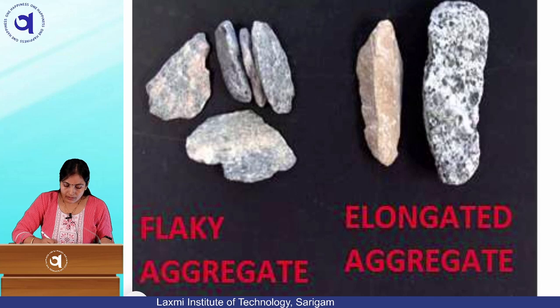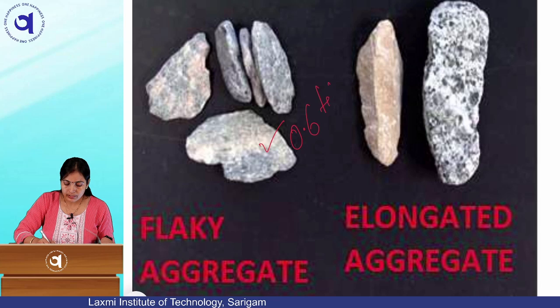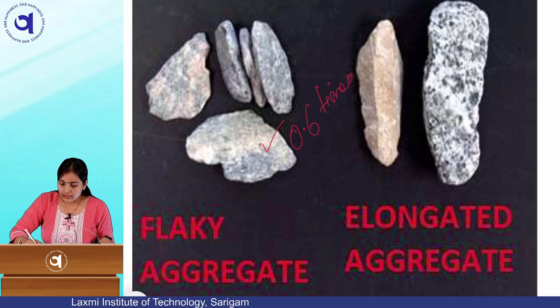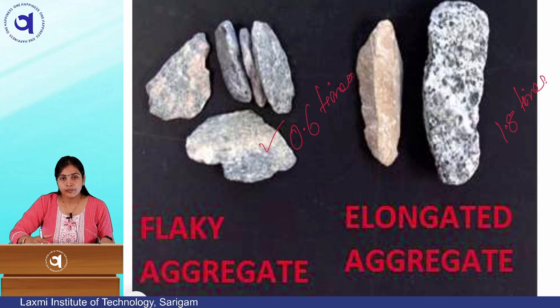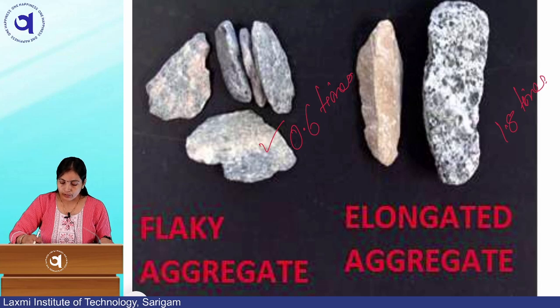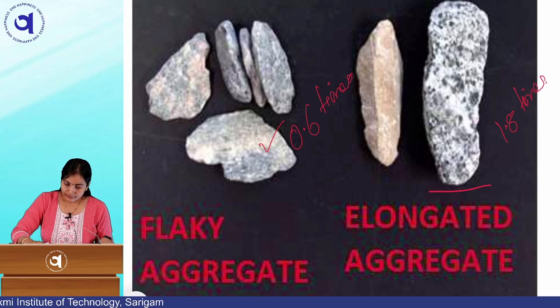And this is flaky aggregate. How much flaky is it? 0.6 times its mean dimension, and this is 1.8 times its mean dimension. So we should know which we call flaky and which we call elongated.